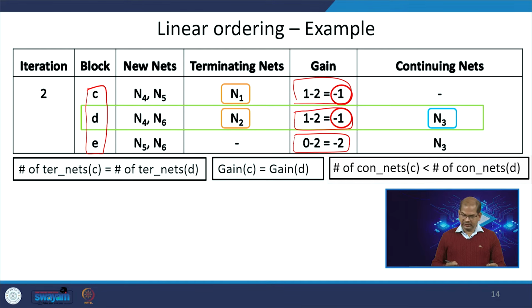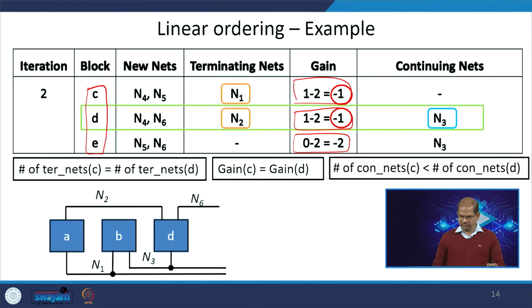But if you can see, if I place the block D, then it has one continuing net, but the block C has no continuing net. So, the one which has the lowest gain as well as continuing nets will be chosen. So, after A and B we need to place the D.